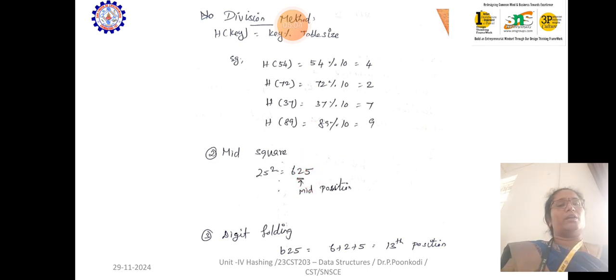Then digit folding. In digit folding, we take a square, and after taking the square we have to add the digits, or we can consider the elements which are given. So we add them and find the index position to store the value.